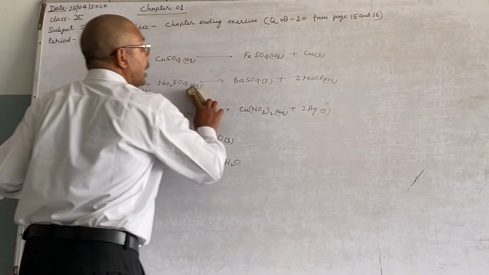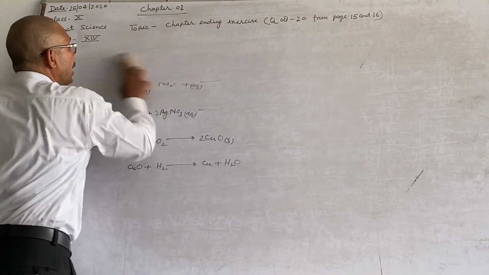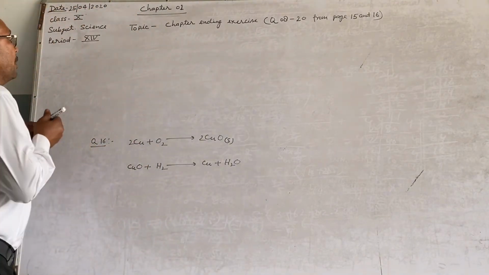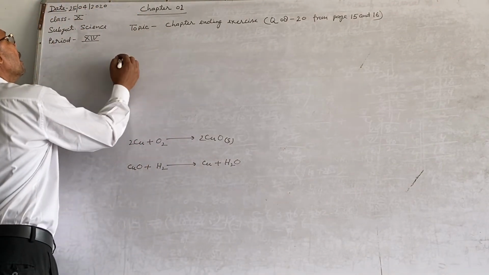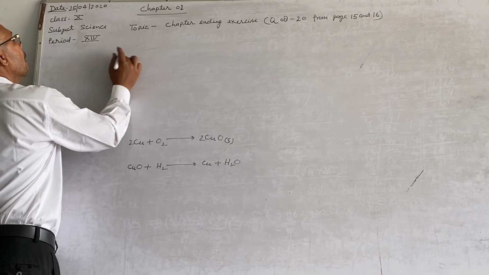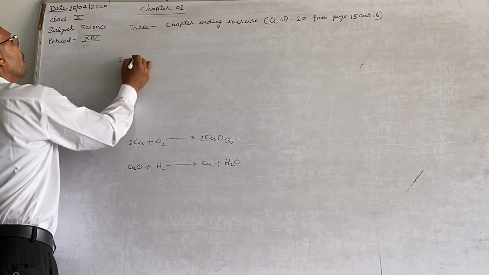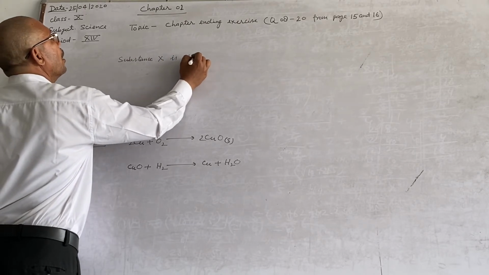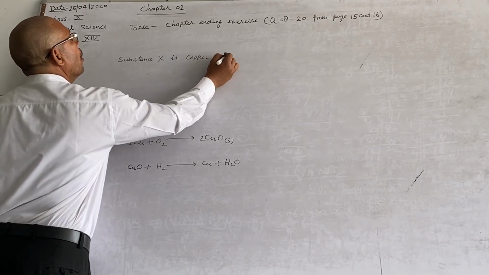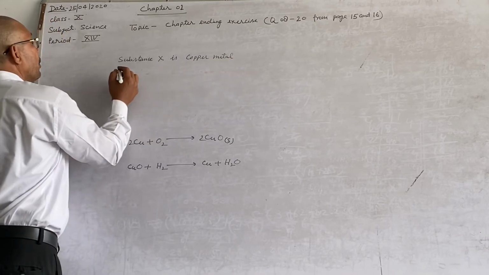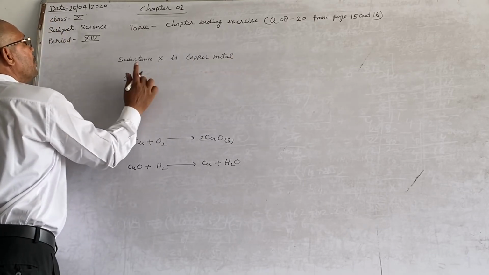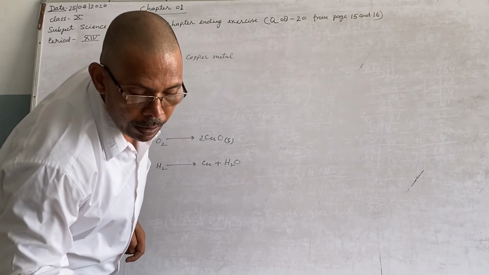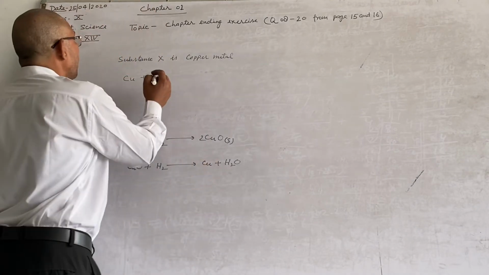This shiny brown colored element or substance will be copper metal. Substance X is copper metal. And see what happens when copper metal is heated in air.